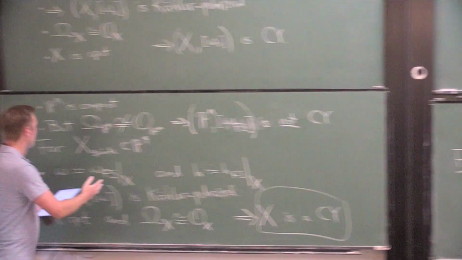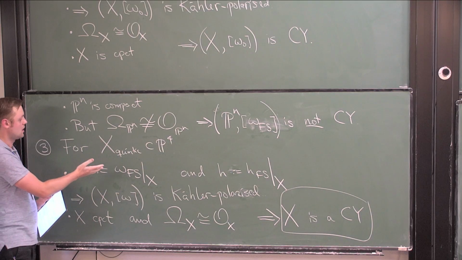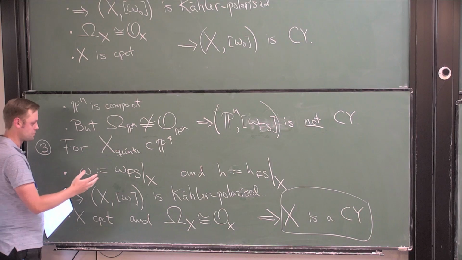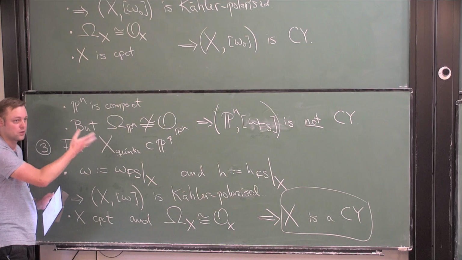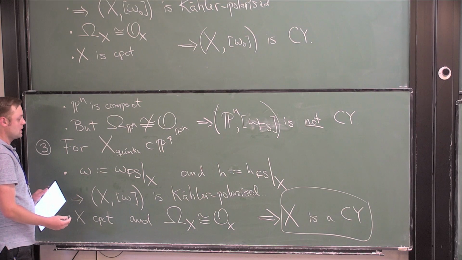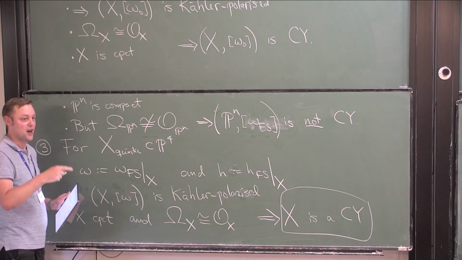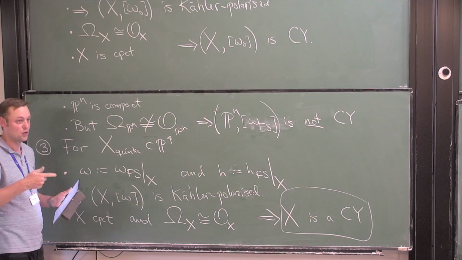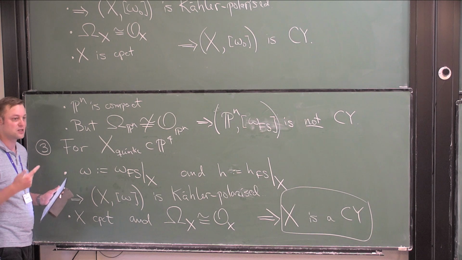So indeed, if you take X to be any hypersurface in P4, the Fubini-Study metric will restrict to a Kähler form, or a Kähler polarization. But that's not enough for us to call it a Calabi-Yau manifold, because the other really important thing is that it has a holomorphic volume form. And for that, the canonical bundle needs to be trivial.